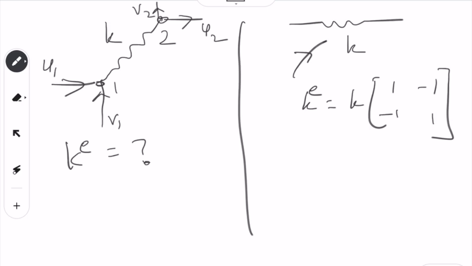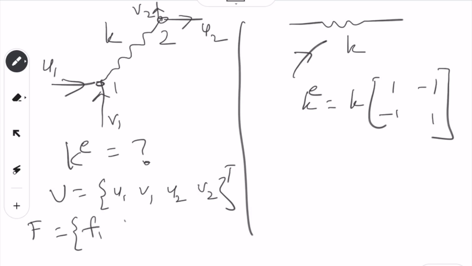So there are 4 displacements, 1, 2, 3, 4, and accordingly we can apply a force here or not here. So the displacement matrix will be U1, V1, U2, V2.